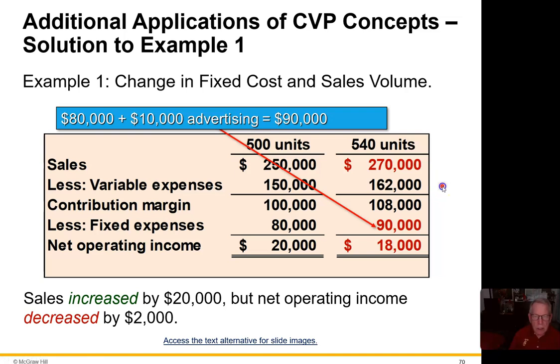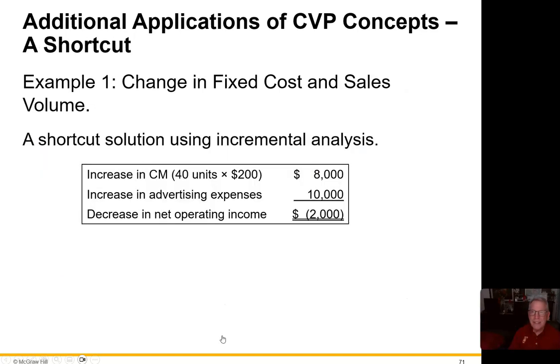Variable expenses didn't change, so contribution margin would be the 75 cents times the number of units, 540. But this time we're going to subtract out the 90,000. So we make 18,000, not 20,000. So sales did increase by $20,000, but the net operating income decreased by 2,000. So not such a good idea.